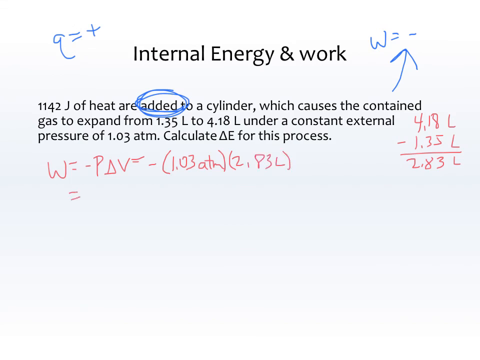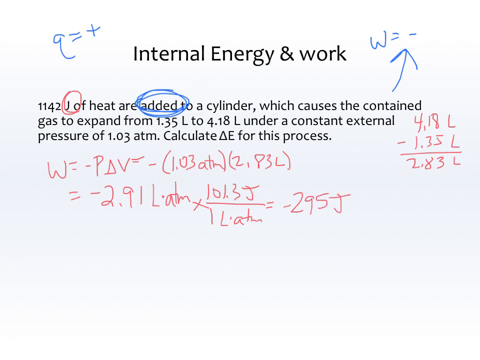And if we multiply that through, we end up with negative 2.91 liters times atmospheres, which is an awkward unit, and it doesn't match the joules from Q. So 1 liter times atmospheres is equal to 101.3 joules. Factor label that, and you end up with negative 295 joules.